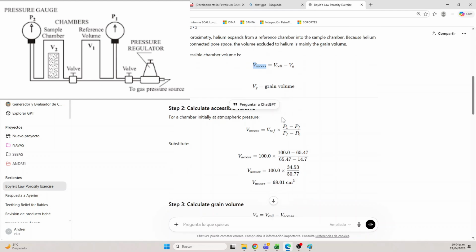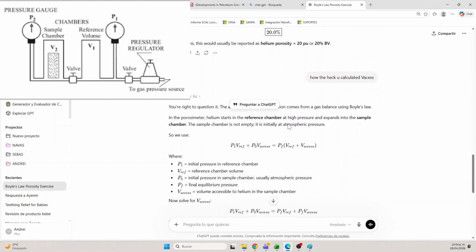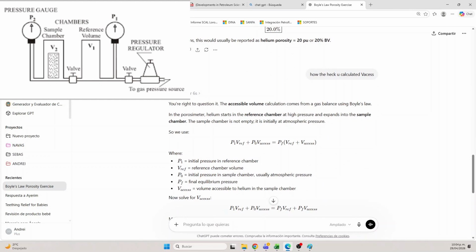The accessible volume calculation comes from a gas balance using Boyle's law. In the porosimeter, helium starts in the reference chamber at high pressure and expands into the sample chamber. So we start in the reference and go through to the sample chamber. The sample chamber is not empty, and it is initially at atmospheric pressure.